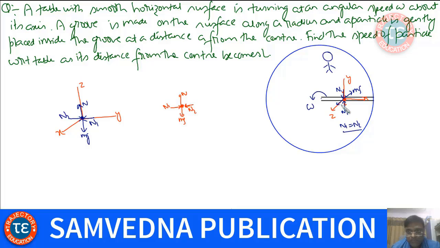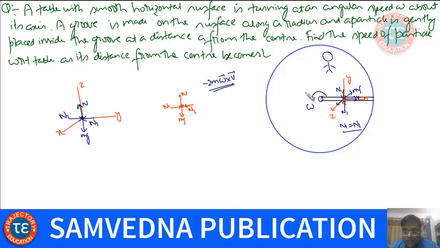And there will be one Coriolis force also, since the observer is lying in a rotating frame: 2m omega cross v. Omega is in the outward direction and velocity will be along the groove, because that is the only possible direction. So omega cross v will be perpendicular to the groove, and that motion is constrained.